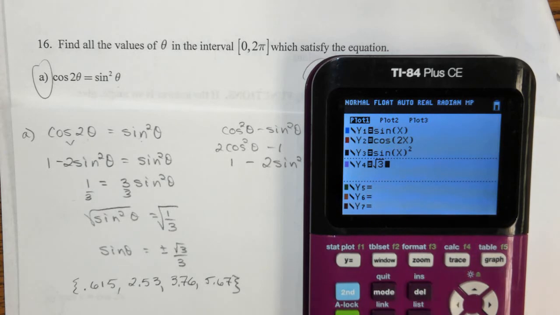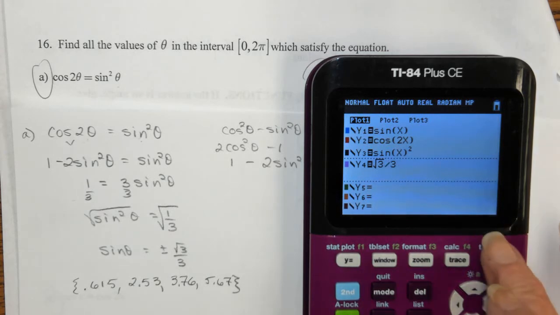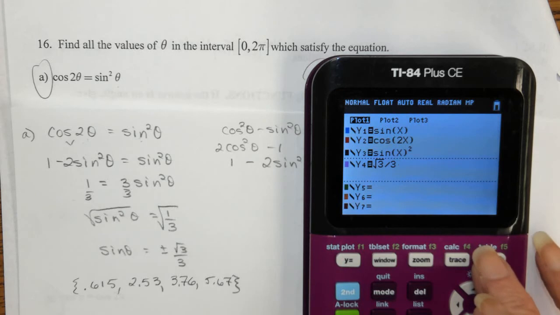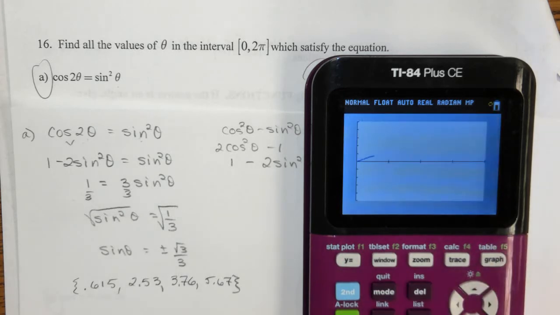Oops. And graph all of that and see what we come up with, if we come up with the same set of solutions here. So there's our cosine 2x. Sine squared x.